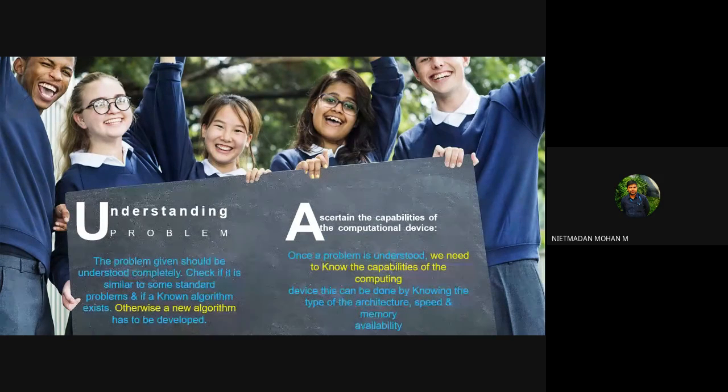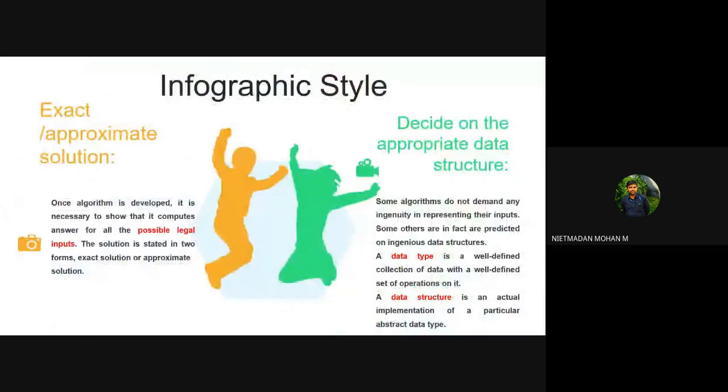If the device is capable, then you move ahead with those problems. If you do not have the proper device or proper memory structures in your developing team, then the algorithm has to be redesigned based upon the requirements that you have in hand. Fine, so these are the first two steps.